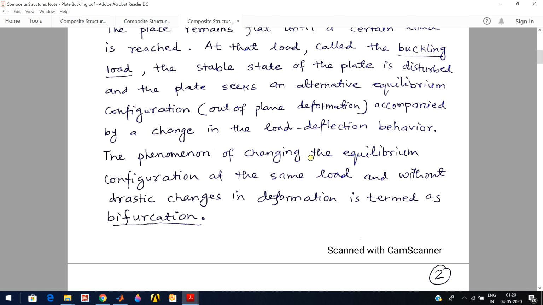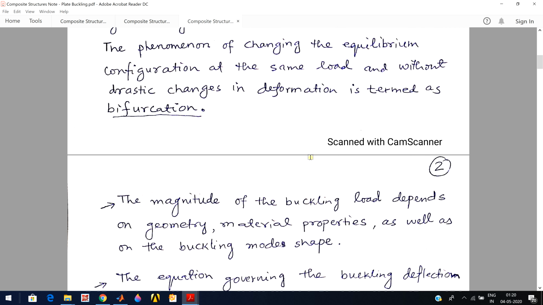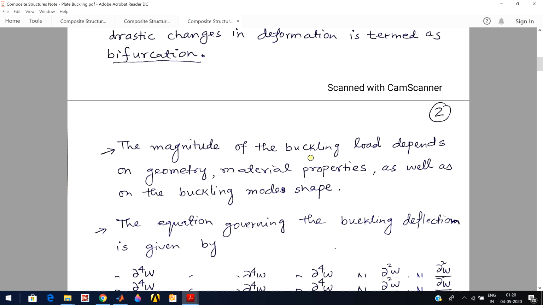So that is considered to be a failure mode because it loses stiffness to carry load. Therefore, the buckling analysis is important to the designer when they deal with these plate structures.